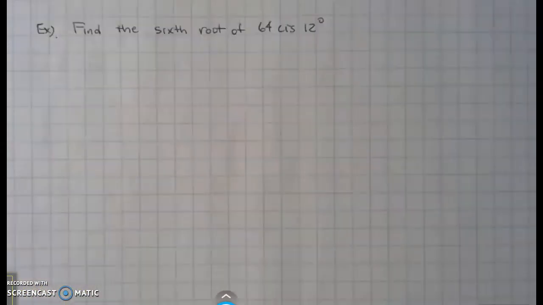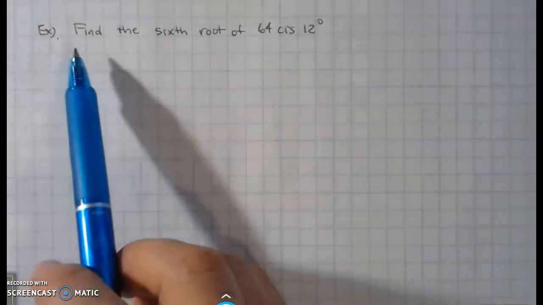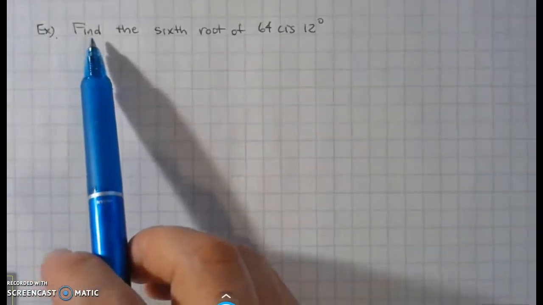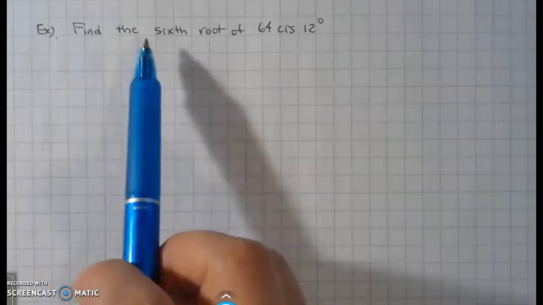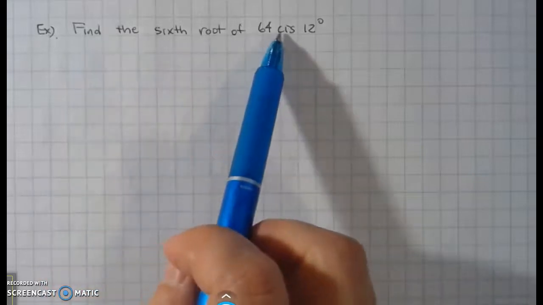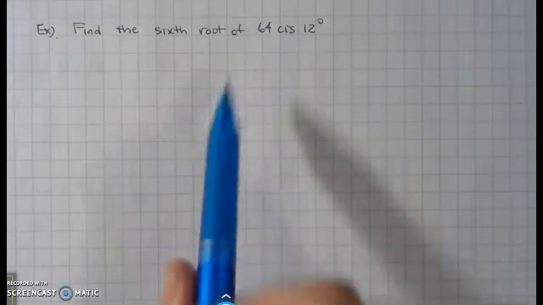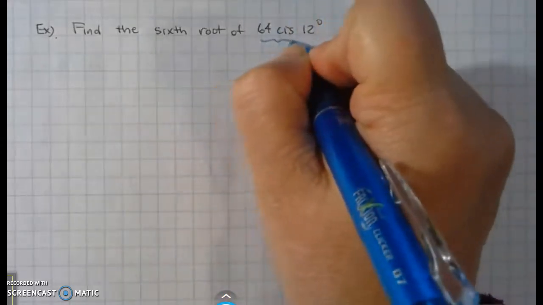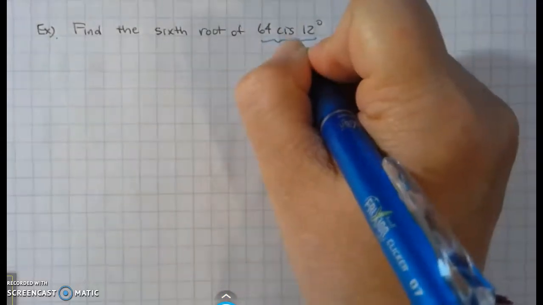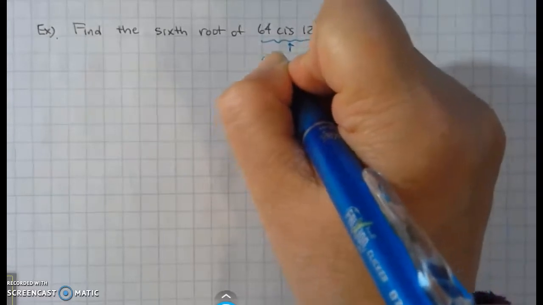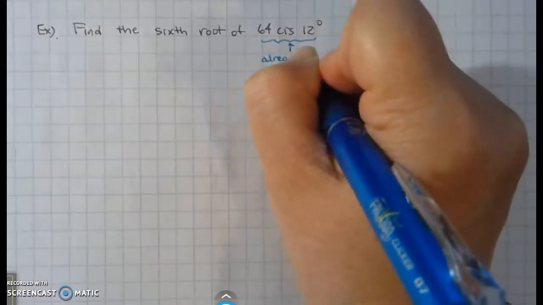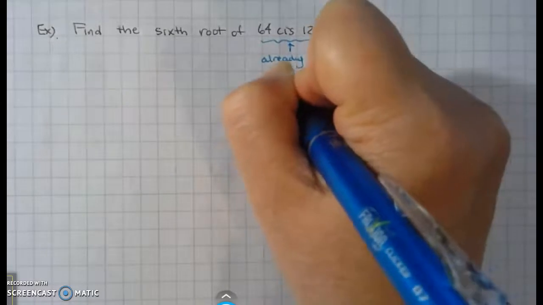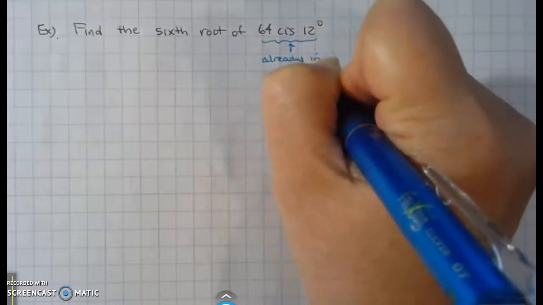Welcome back. This is the third lesson recording for day 8. We're going to do a couple of examples and then we're done. So the first example says to find the 6th root of 64 cis 12 degrees. This is a complex number already in polar form, which makes it easy for us.